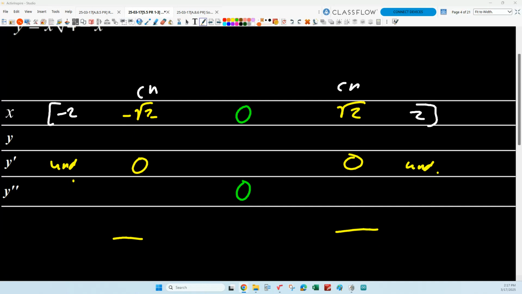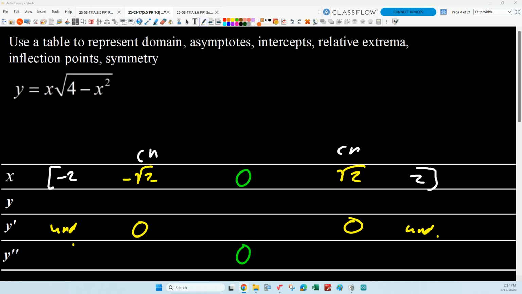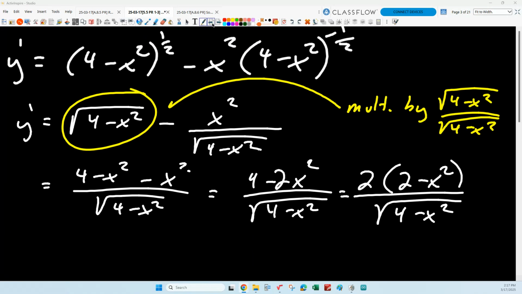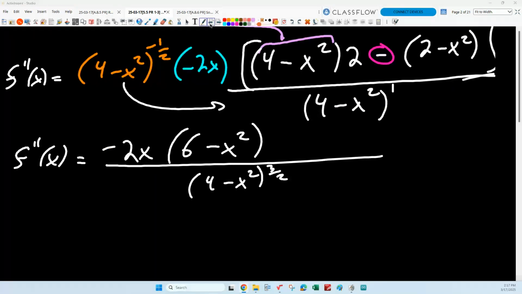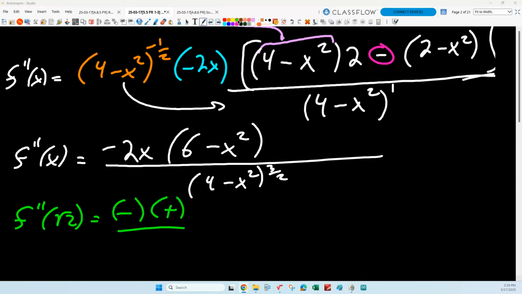So if we evaluate our second derivative at positive square root of 2, what are we going to get? That's going to give us negative times positive divided by positive, right?